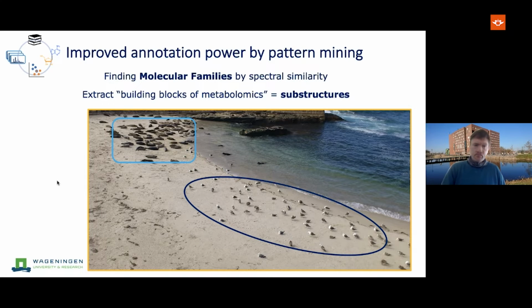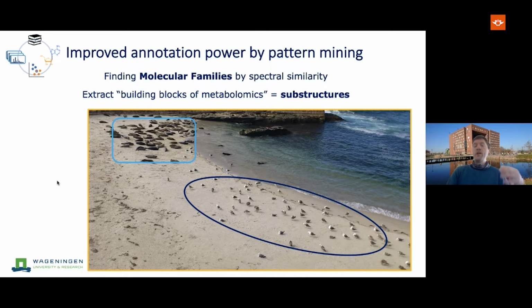But you can imagine that if you do this for spectra, we can also try to group them based on spectral similarity into families, but we can also try to extract the building blocks of metabolomics, substructures. Here, it would be the building blocks of the animals, let's say the heads, the feathers, etc. In our case, it will be the substructures of the chemicals.